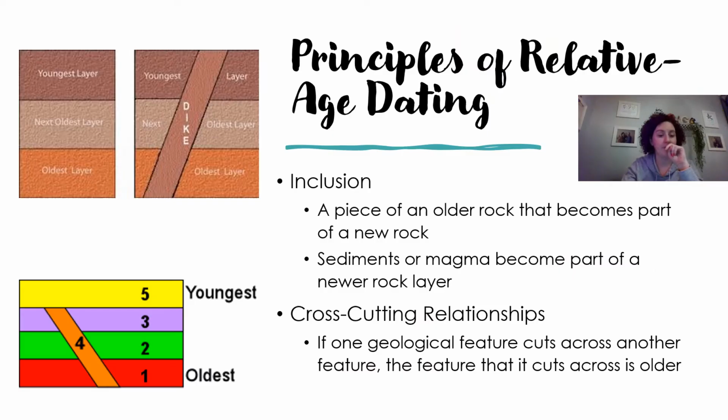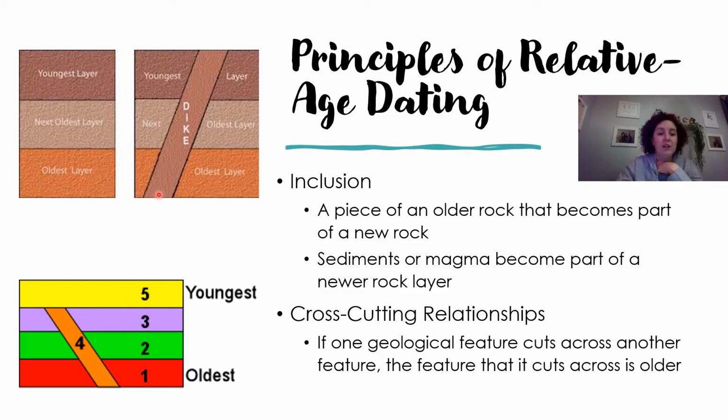Okay, so we have inclusion and cross-cutting relationships. So the principle of inclusion is that a piece of an older rock becomes a part of a new rock, or sediments or magma become a part of the new layer. So what does this mean? This means that if you look at this diagram over here, you still have oldest all the way up to the youngest.